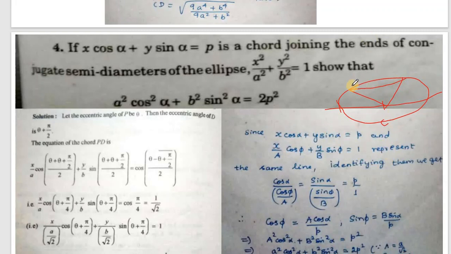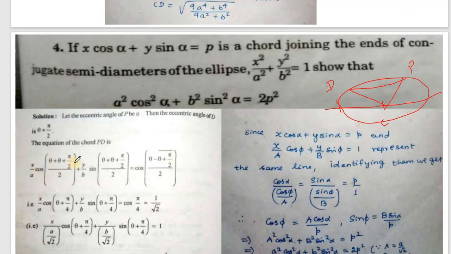Suppose I take them as P and D, then we can easily write out the equation of the chord PD.